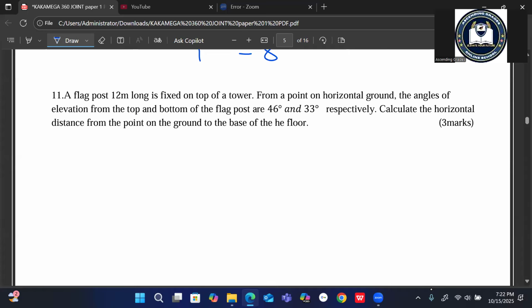So we draw it. So that is the post, and that is the tower. From there up to here, that is our tower. So this is our base.